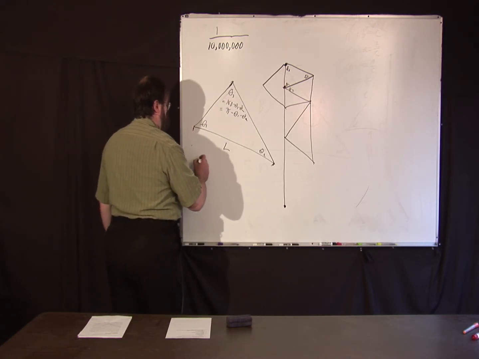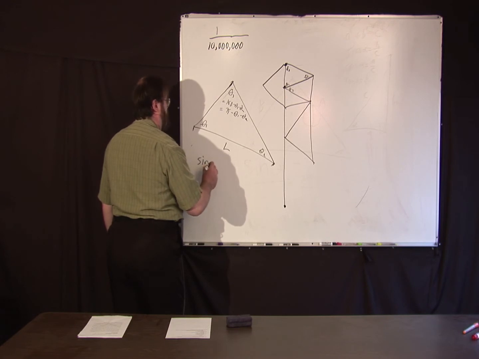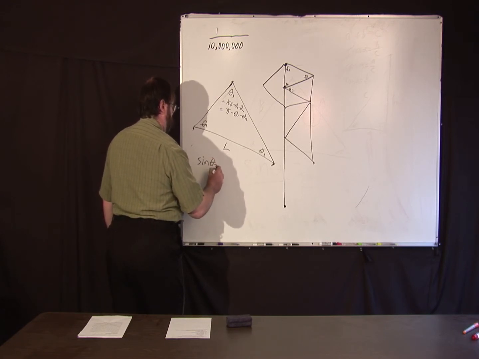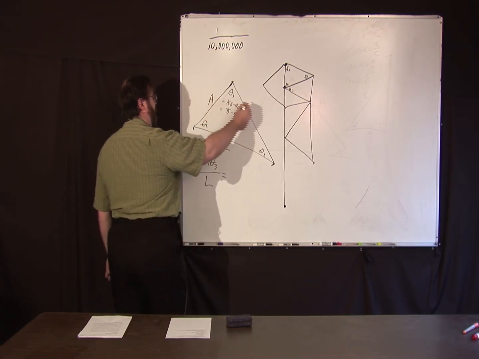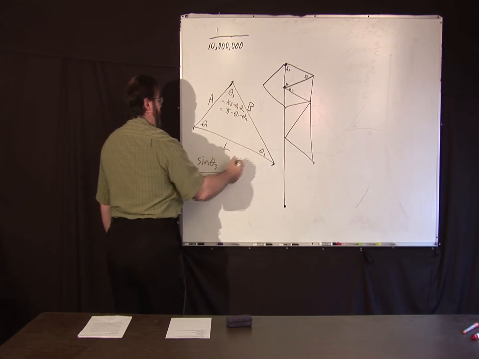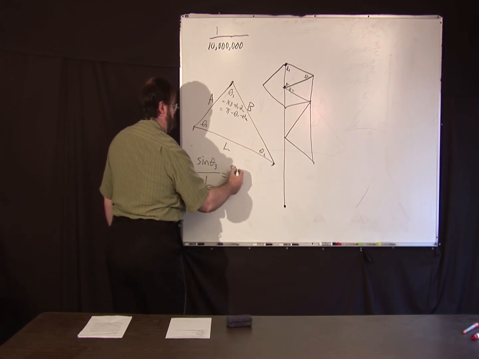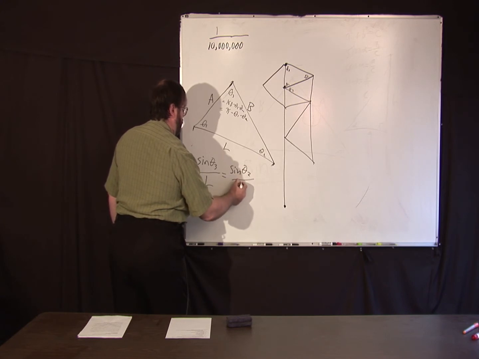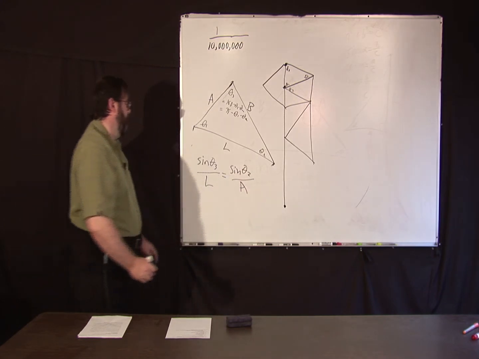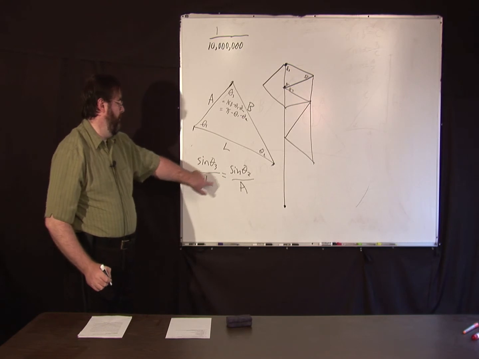So we know sine theta 3 over L is equal to, let's call this side A and this side B just for fun, sine theta 2 over A. We know this, we know this, we know this.